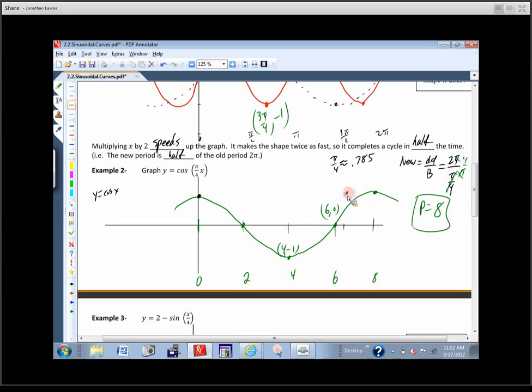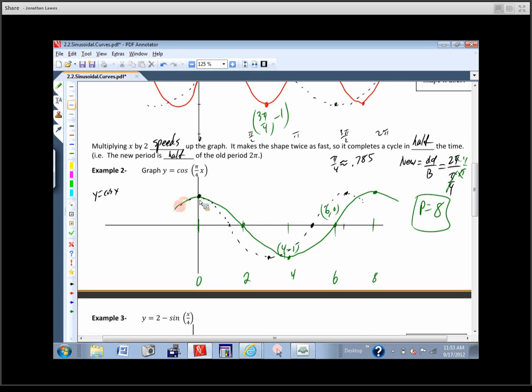That's where it would finish. Pi would be about right here, a little more than 3, because 3 would be about right there. Okay. Pi halves is at about 1.5, so we're about there. And then this would be 4.71, I think, so somewhere about right there. So I'm going to draw those 5 points, and I'm going to sketch what the cosine graph normally looks like.